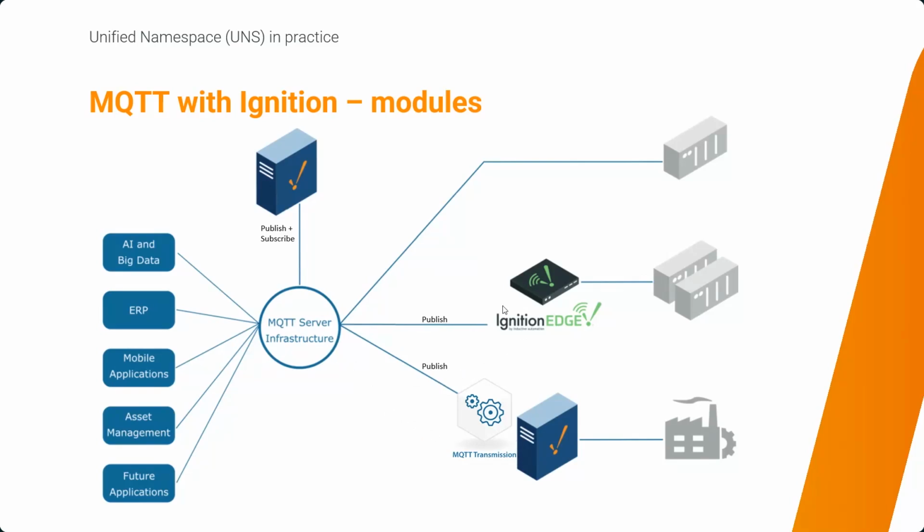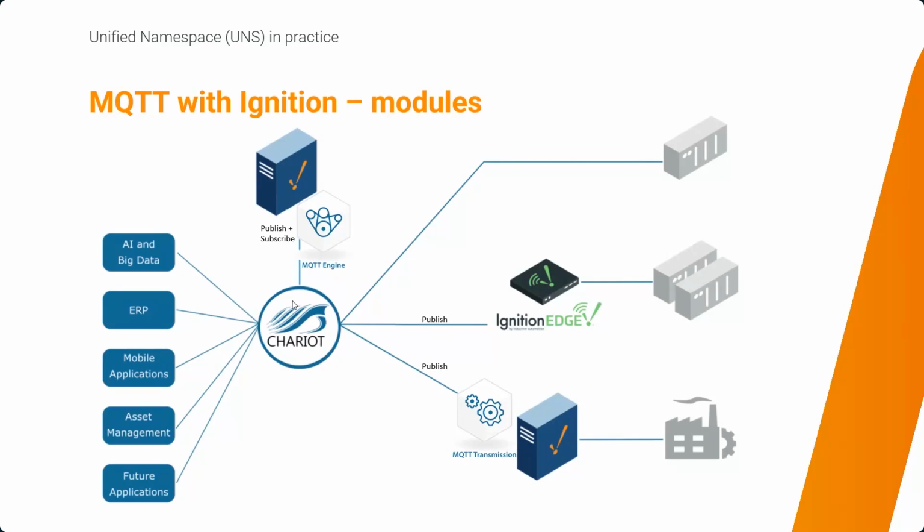So the Ignition Edge has a small transmission server included in itself. Whenever we take a look at this enterprise Ignition server over here, it's able to publish and subscribe. For that, we need the MQTT Engine module for subscribing, and for publishing we could use the MQTT Transmission module. However, the Engine is also able to publish some data as well. I'll explain it in the next slide.